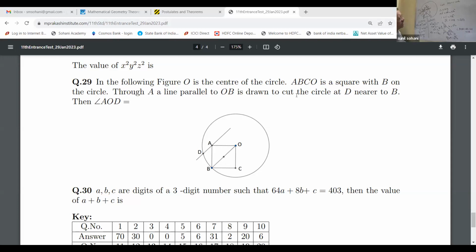This question is the second most difficult question in this paper. There is one more question which is more difficult than this, and I am going to discuss that most difficult question only at the end of the class. After this question, we'll do easy questions first, and at the end of the session, we'll do the most difficult.